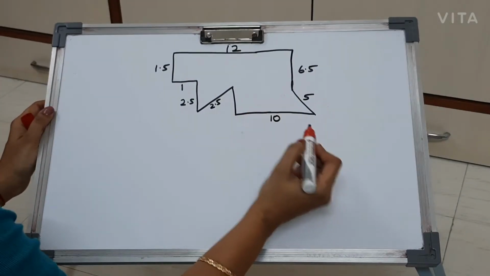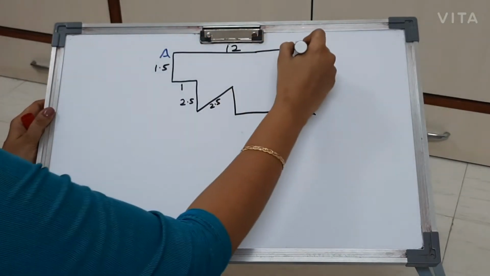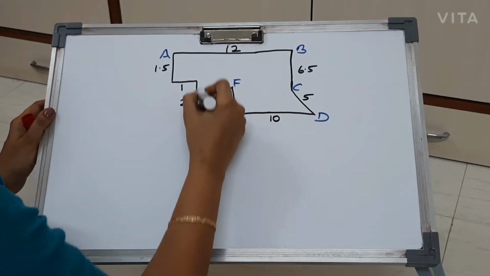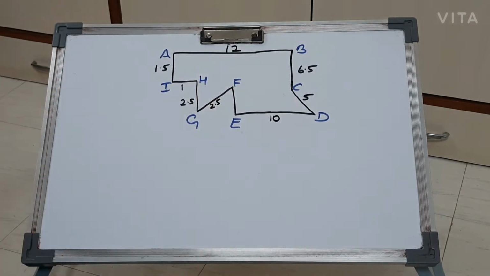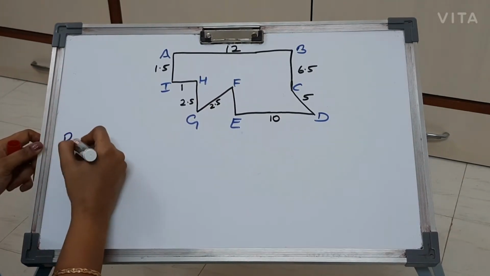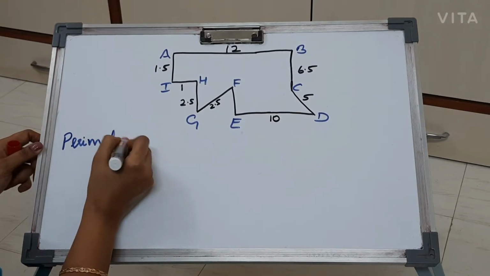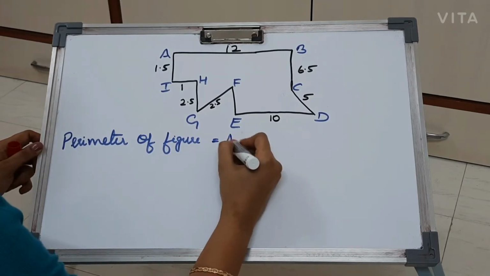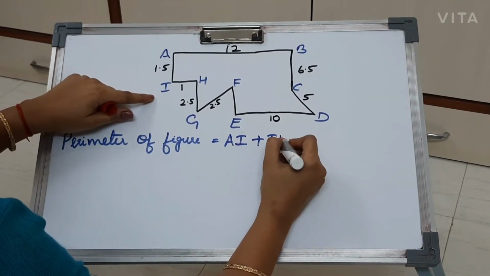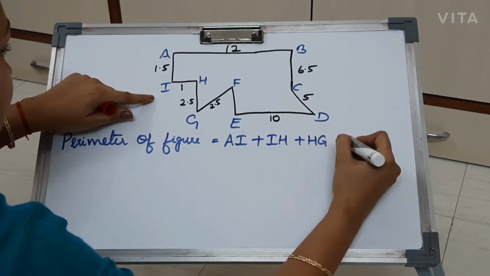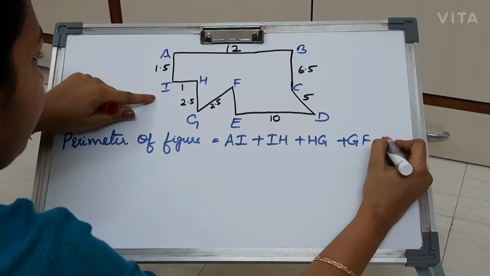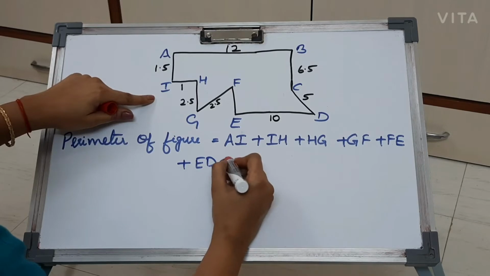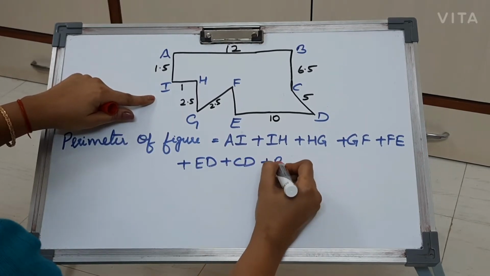Suppose I label it as A, B, C, D, E, F, G, H and I. So we have to write the perimeter of the given figure: AI plus IH plus HG plus GF plus FE plus ED plus CD plus BC.